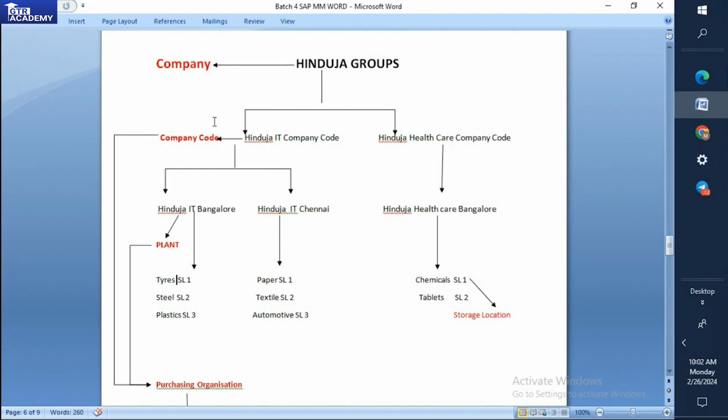Just write down this flow chart. It will be very easy. After all the classes, if you go through this flow chart, it will be very useful. I will explain purchase organization and purchase group after this. Just write down whatever I have written.